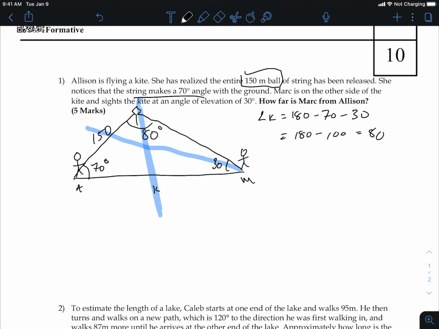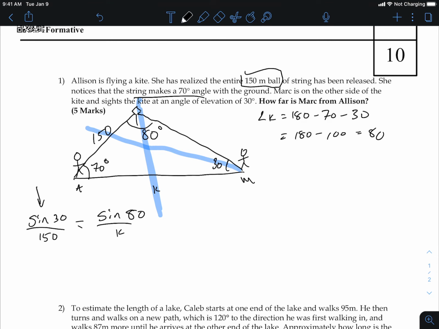So, let's write out our sine law. I'm going to use the one brother-sister pair. It's going to be the sine of 30. Remember, the angles have to go with the sine function. You've got to put the 30 with the sine, not the sine of 150. You're going to get it wrong. Sine of 30 over 150 is equal to the sine of 80 over k.